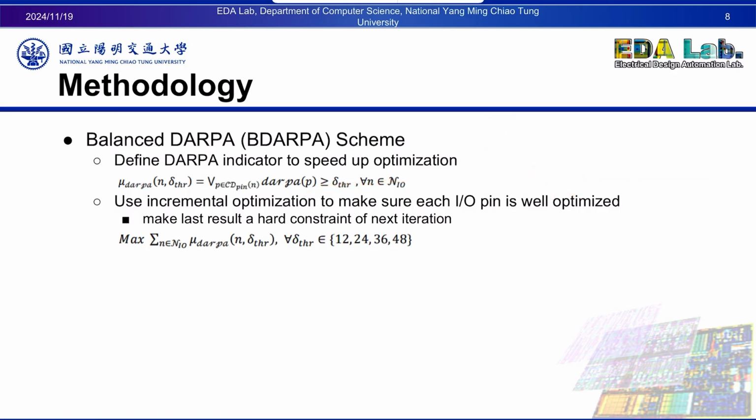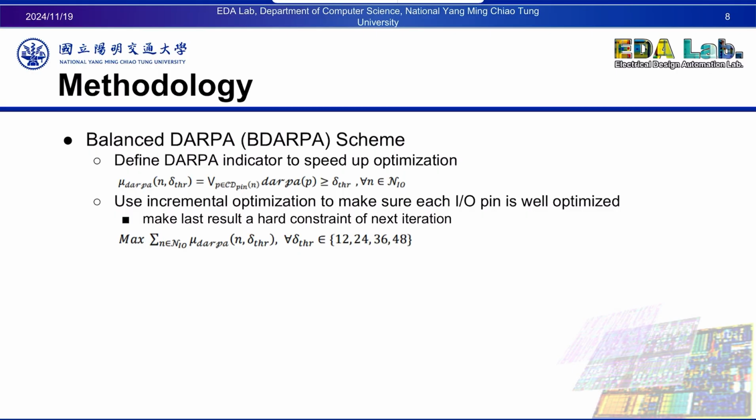So we will set one track, then we want to optimize for 2 tracks and 3 tracks, and using the scalar values, it will be 12 and 48. So we can incrementally optimize the DRPA value to ensure they are optimized evenly.